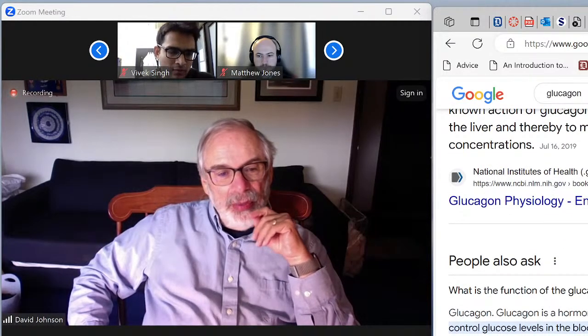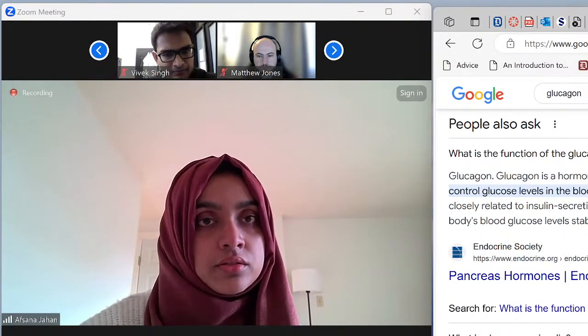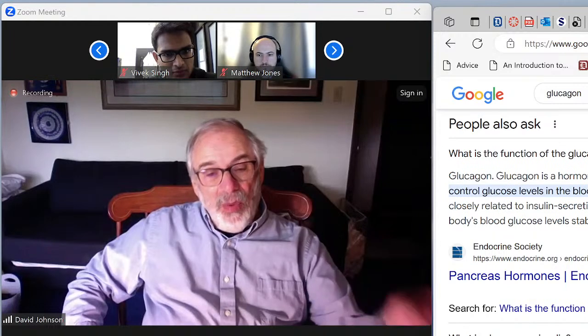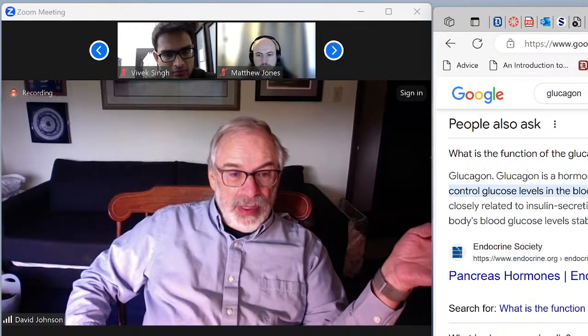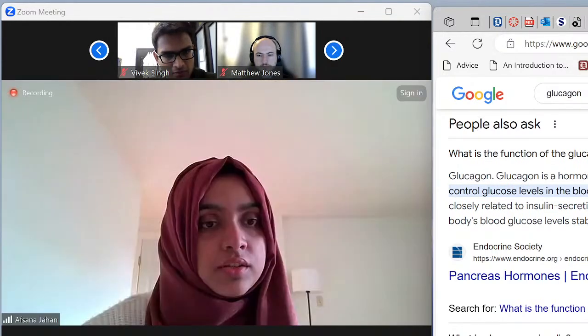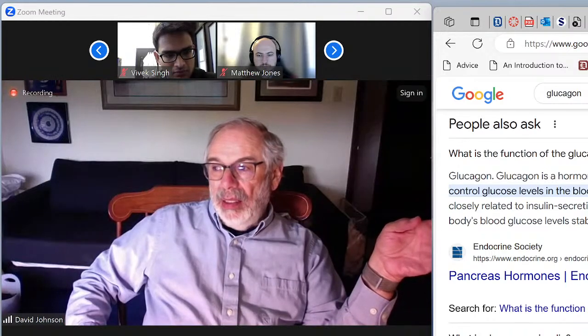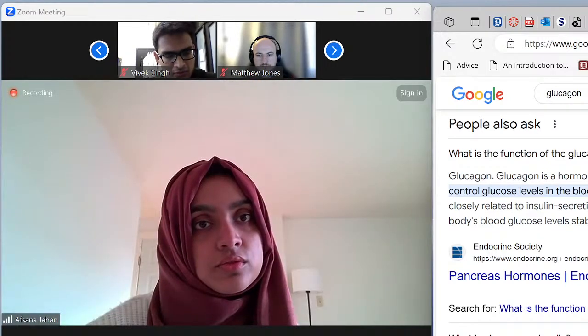In terms of serum glucose? It will raise the glucose level in blood. It would, if you increase insulin release, you're going to decrease glucose. Yeah. And if you inhibit glucagon release, also decrease glucose. It will tend to decrease.